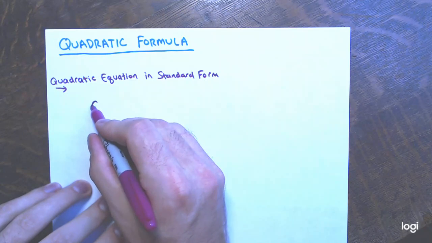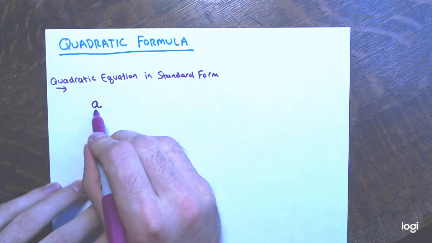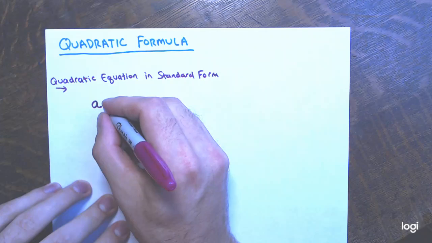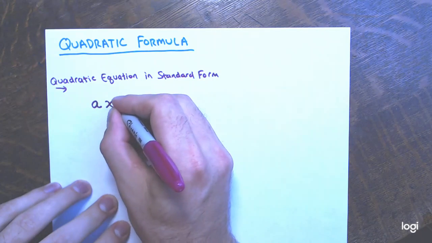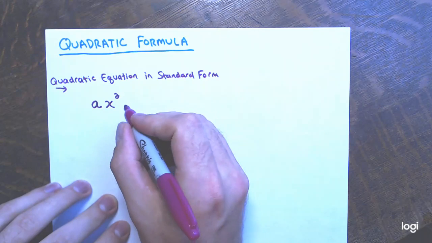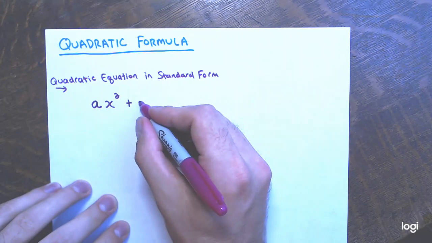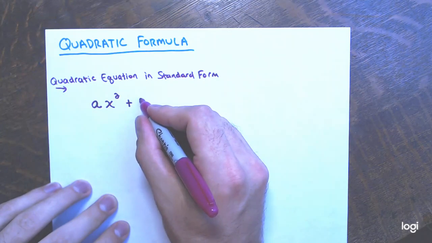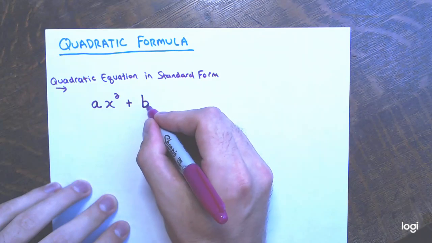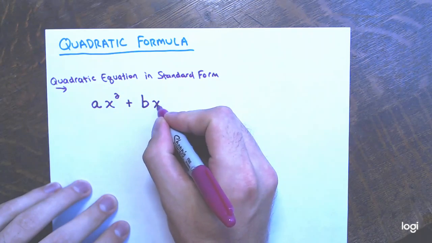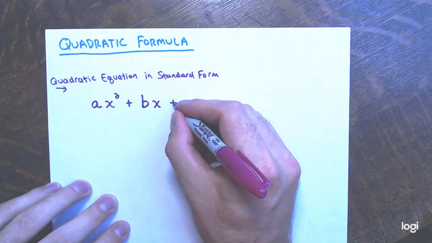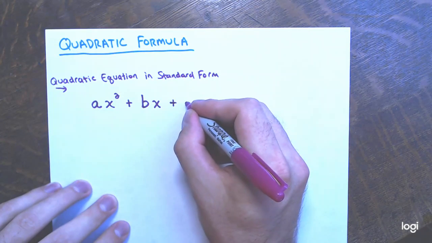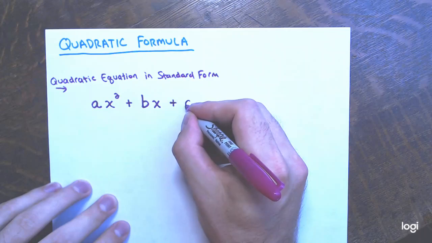I have some number a, a constant, times my variable x squared, plus a term with x to the first power, with little b, a number, times x to the first power. Then a third term with x to the 0 power, or no x in it, just a constant, little c.